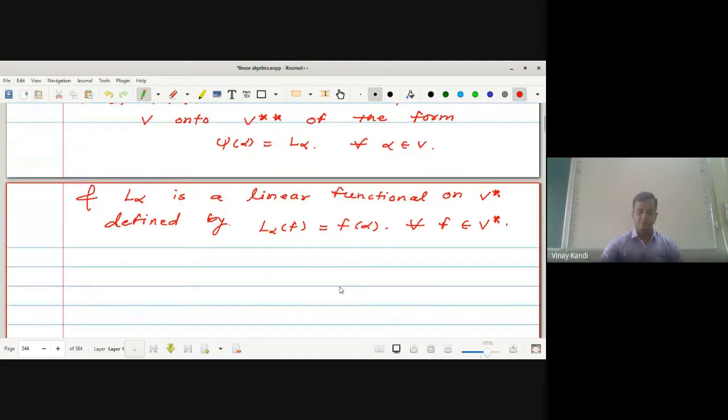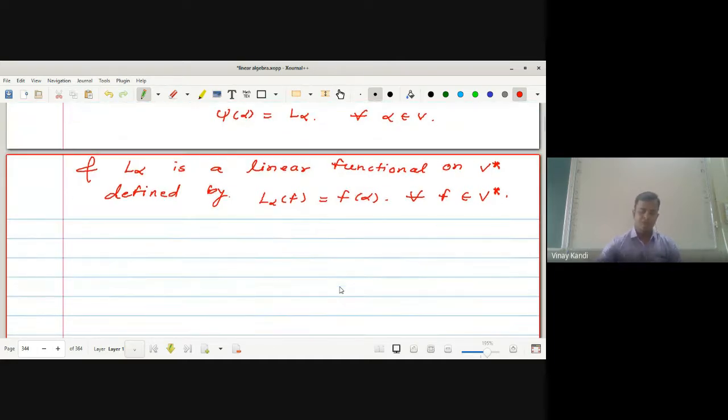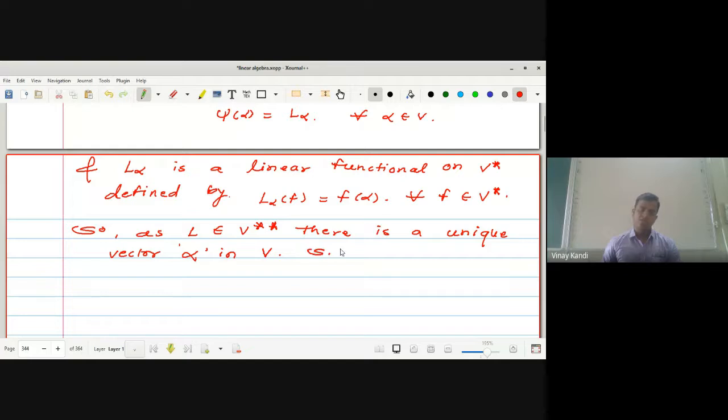So, as L belongs to V double star, there is a unique vector alpha in capital V such that L is equal to L alpha.